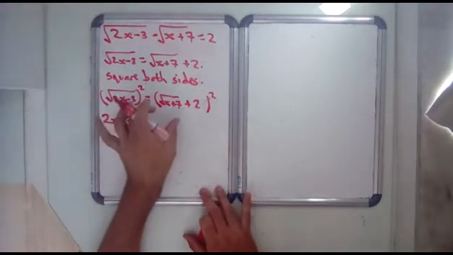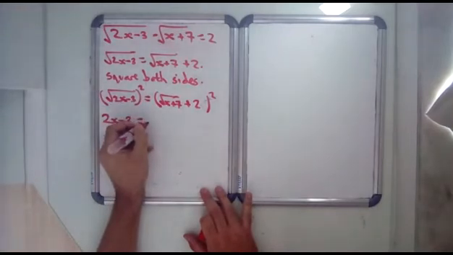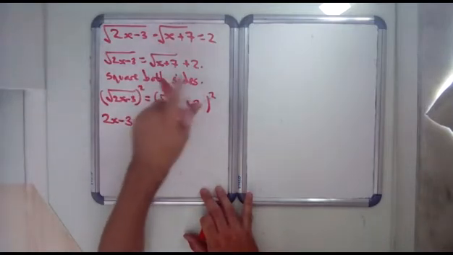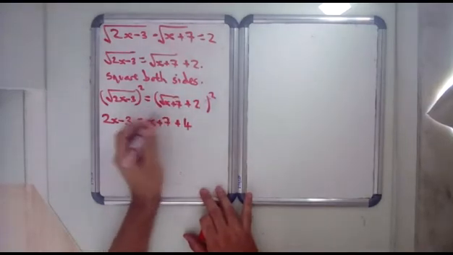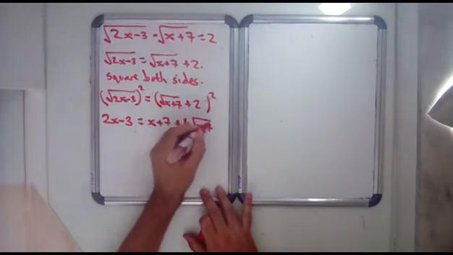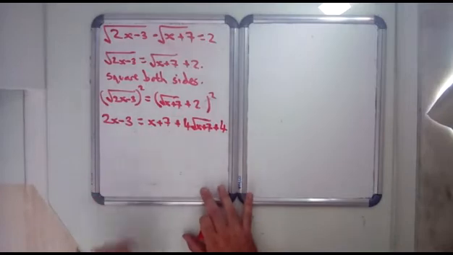So a squared is root x plus 7 squared, which is just x plus 7, plus 2ab, that's 2 times a times b, so 2 times 2 is 4, times a, which is root x plus 7, plus b squared, 2 squared is 4.